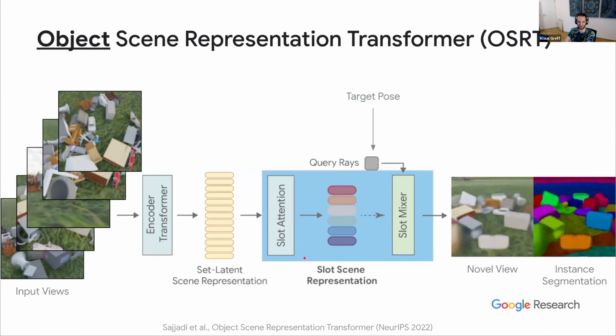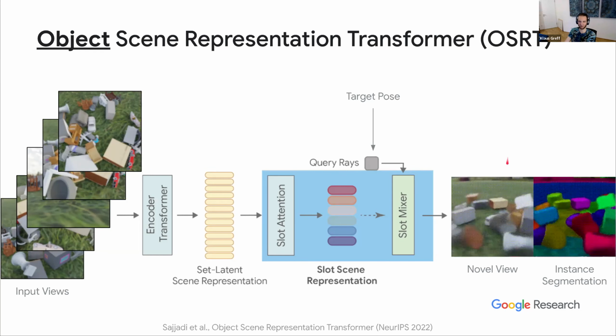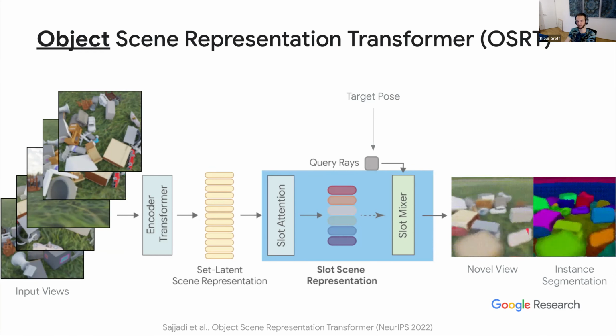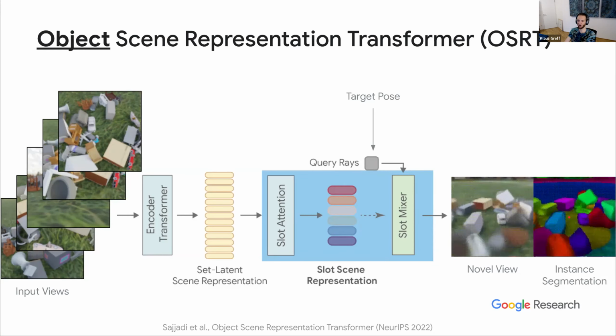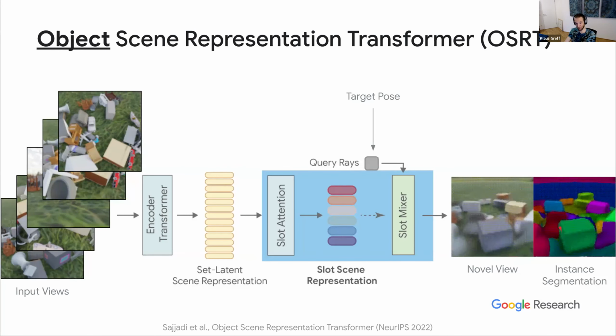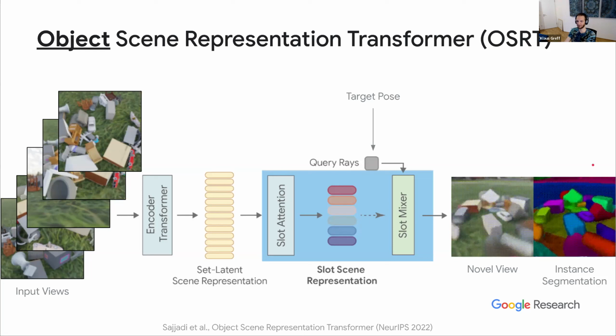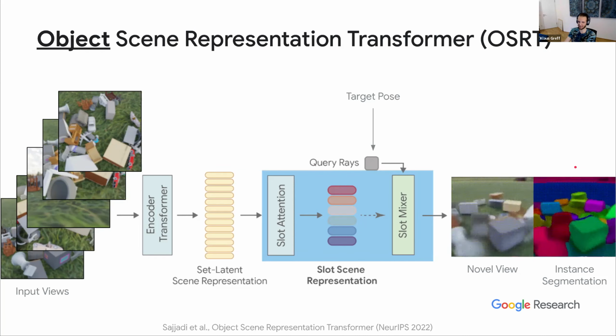And as you can now see on the right, the result of this is that we not only get a 3D reconstruction of the scene, but we do also get a decomposition into objects in a completely unsupervised fashion. And what's more, that's even a decomposition that is 3D consistent, as you can see.